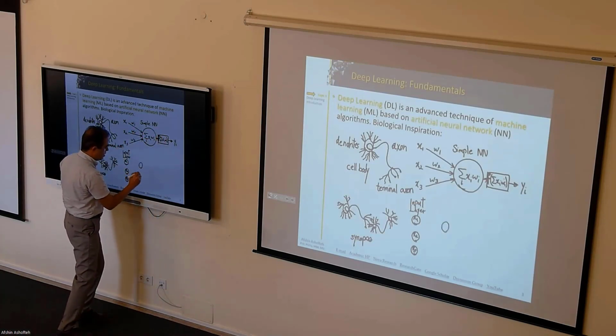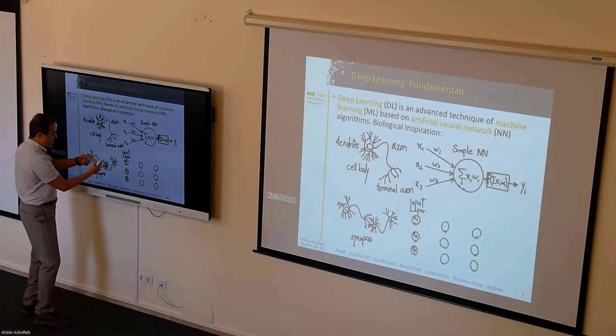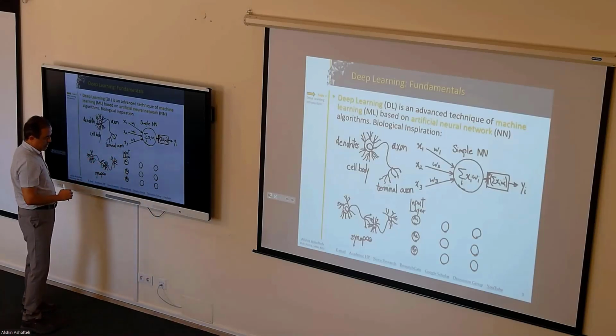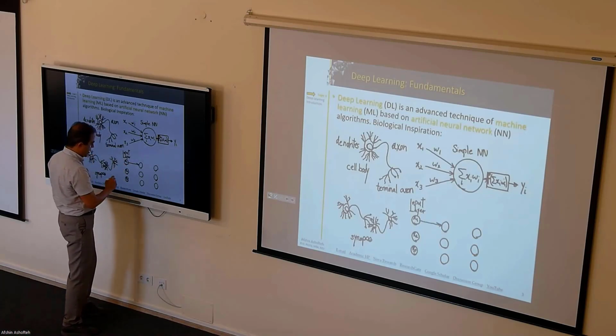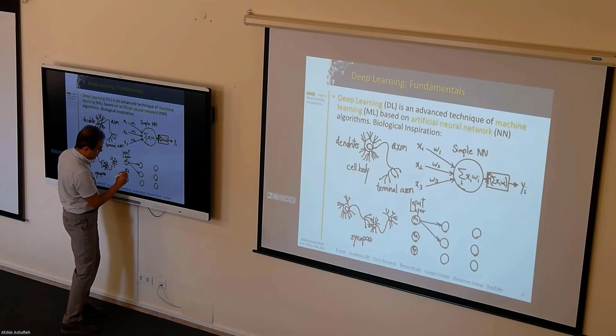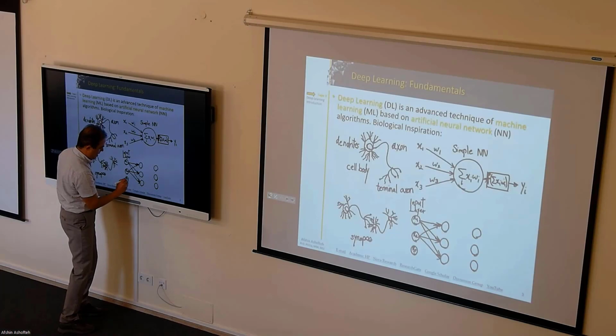So it could be one layer, or we can add another layer to make a connection between the two cell bodies, okay? So each input here can be connected to the second layer. This one also. The third one also can be connected.